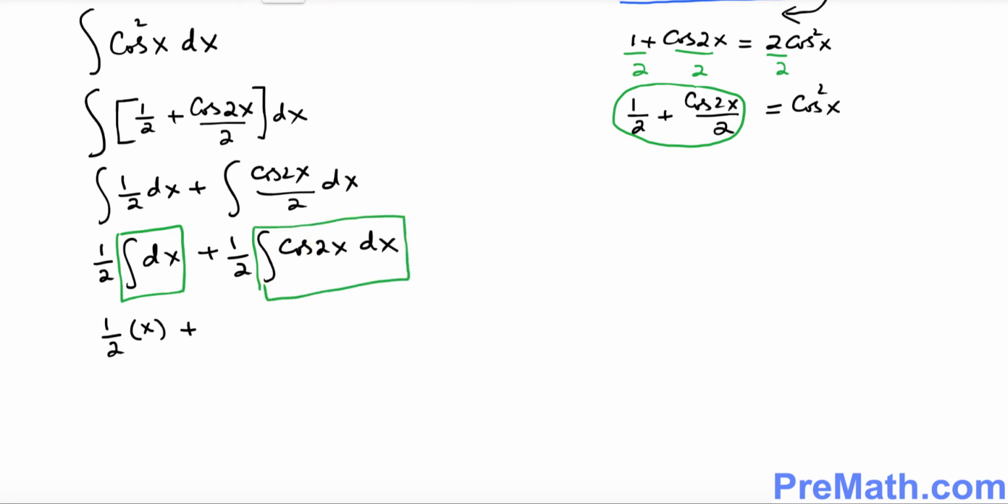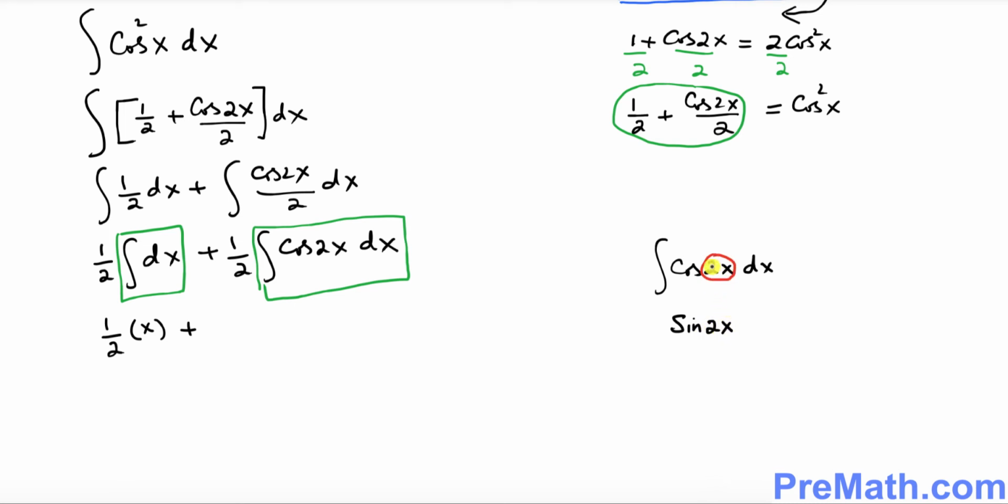Let me show you an easy way of doing this one. Let me go ahead and write it down over here. So I can write cosine of 2x times dx, where this 2x is our argument. We know that the integral of cosine is always sine, so that is going to become sine of 2x.